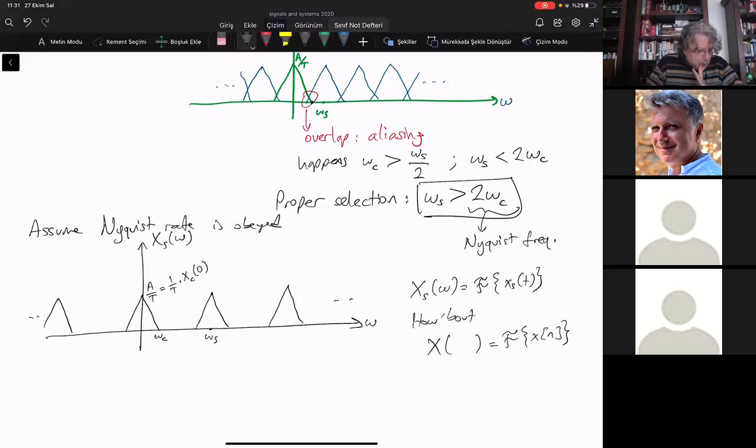According to my book, or the notes that I'm taking from the book, it uses this kind of a notation.